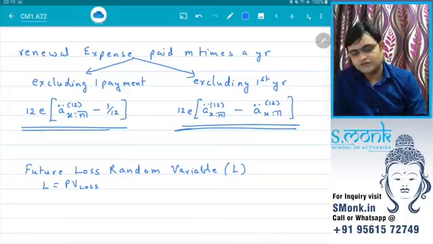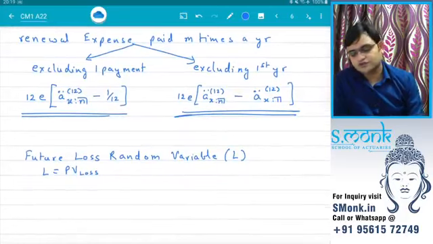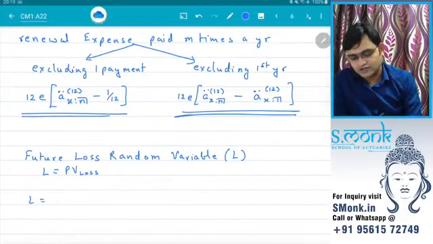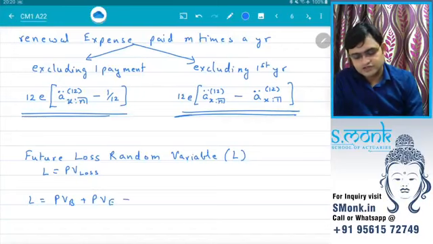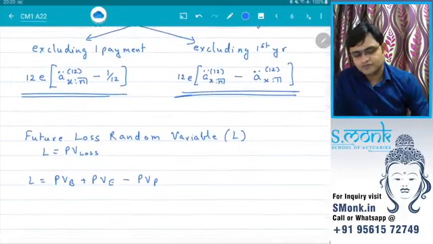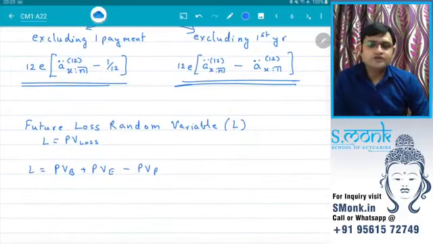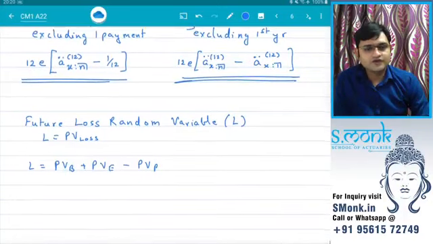Now at the beginning we have made what our present value of loss is going to be. So L, we said, was nothing but the present value of benefit plus bonuses plus present value of expenses minus present value of premium. In different types of policies, we will be making these in different ways.